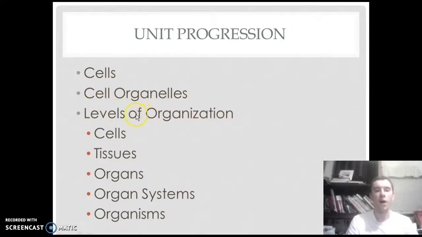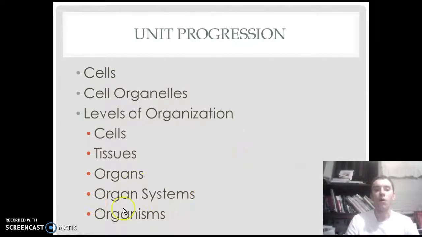So we were talking about cells being the main building block of living things. Cells come together to form tissues, tissues form organs, organs come together to form organ systems. And then, of course, you put all the organ systems together, you get an organism.